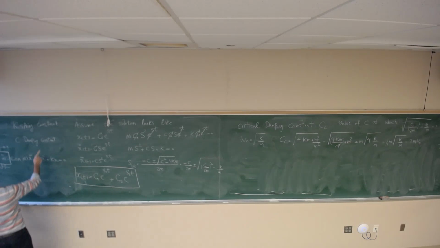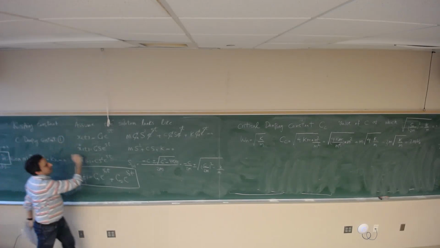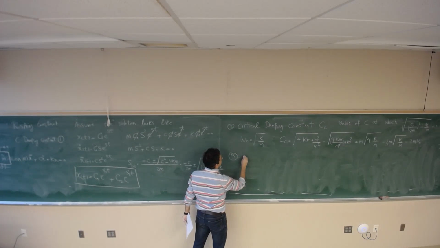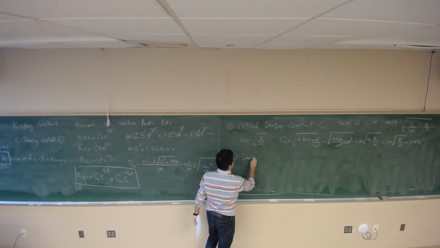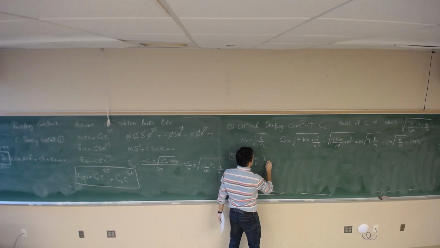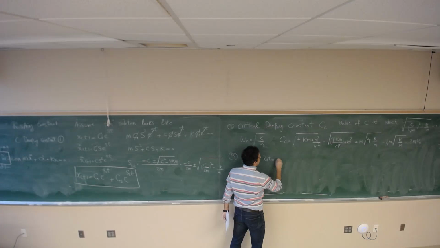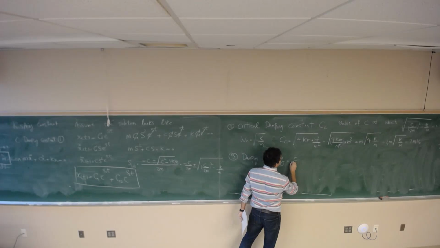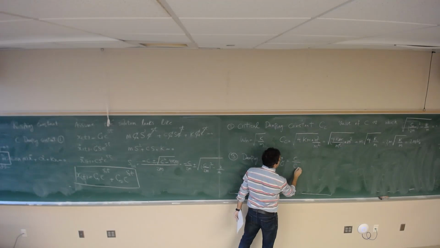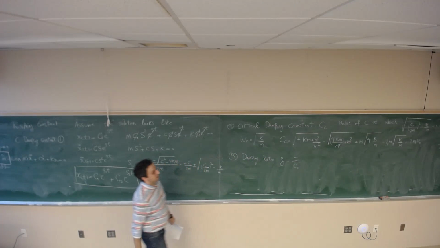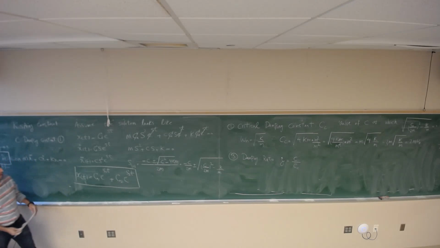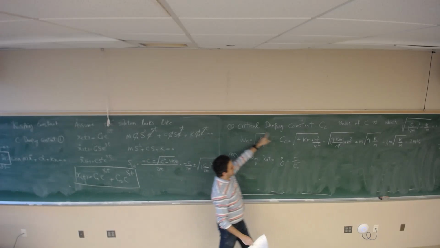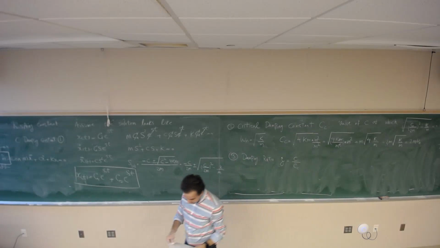So I define the damping constant, I define the critical damping constant, and now I'm going to define the damping ratio. Damping ratio, or zeta, is defined as the ratio of C over Cc. Whatever the damping constant is, divided by the critical damping constant, we call it the damping ratio.